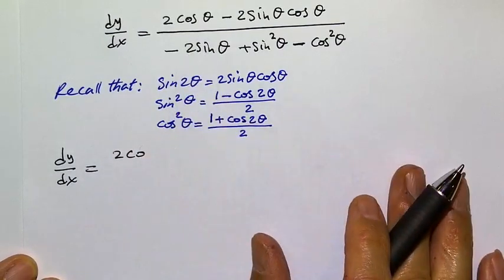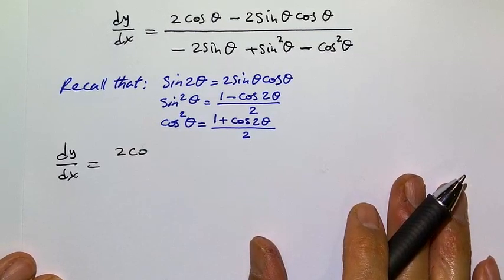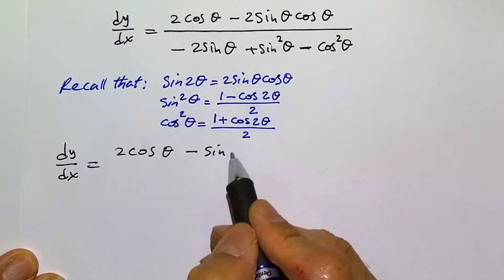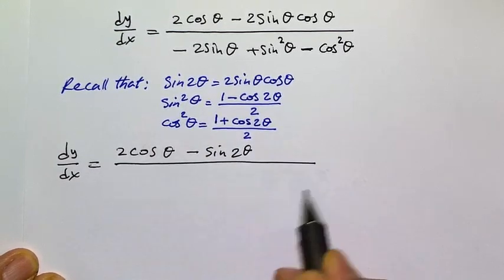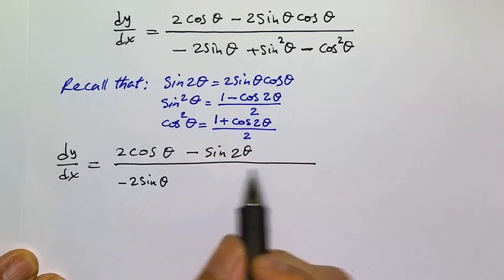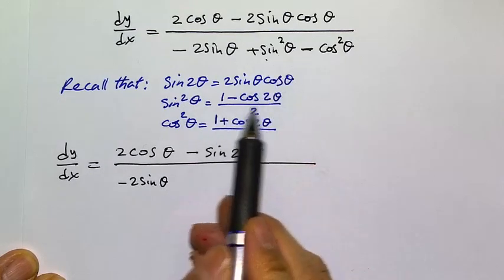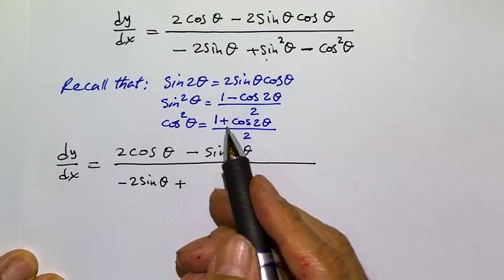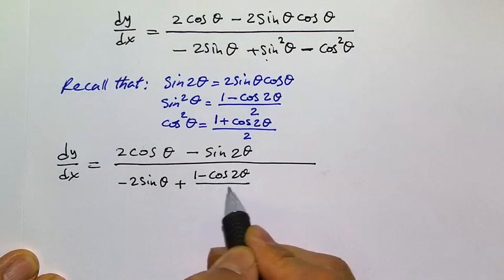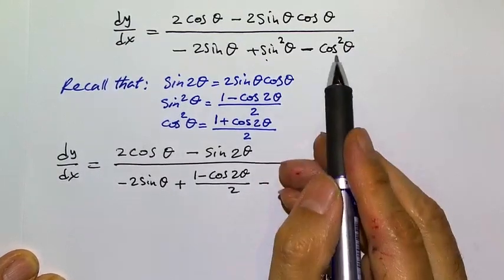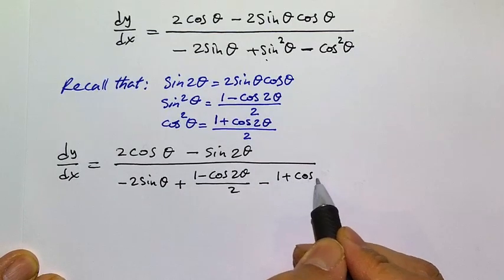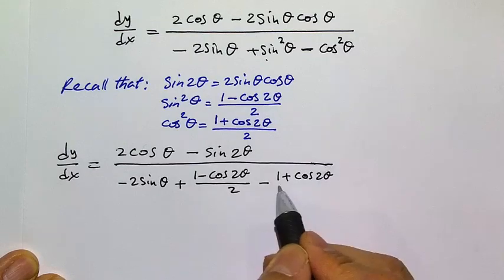So 2 cosine theta minus sine 2 theta divided by minus 2 sine theta plus, instead of sine squared theta, I'm going to plug in this one, plus 1 minus cosine 2 theta over 2 minus, instead of cosine squared theta, this whole thing. Minus 1 plus cosine 2 theta divided by 2.